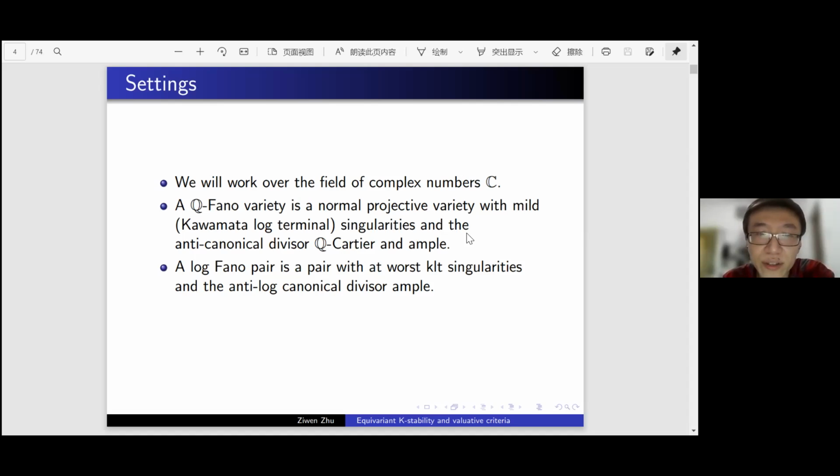Again, we can define singularities on the log Fano pair, and we want the pair to have at worst KLT singularities, the singularities from the minimal model program. I will usually denote n to be the dimension of the variety X in question.